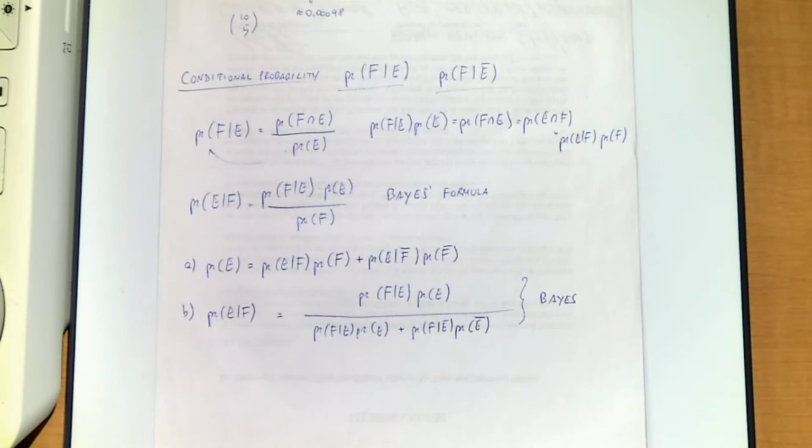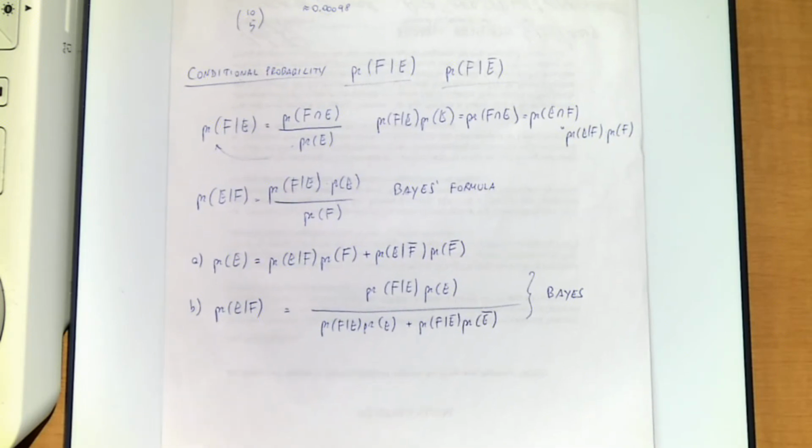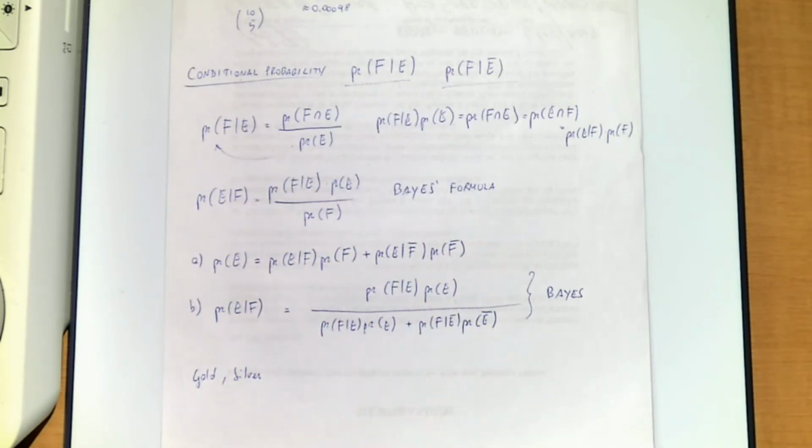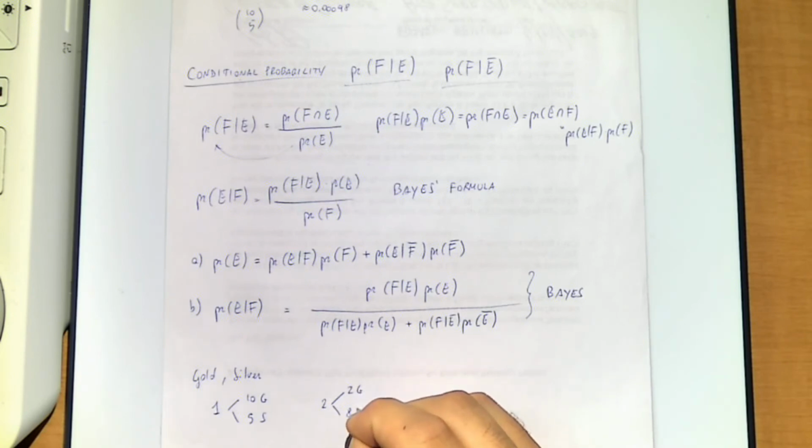But I'm interested now in some applications which may or may not surprise you. Suppose you have two bowls, urns or pots, and they both contain gold and silver in different amounts. For example, urn number 1 contains 10 gold and 5 silver, and urn number 2 contains 2 gold and 8 silver.